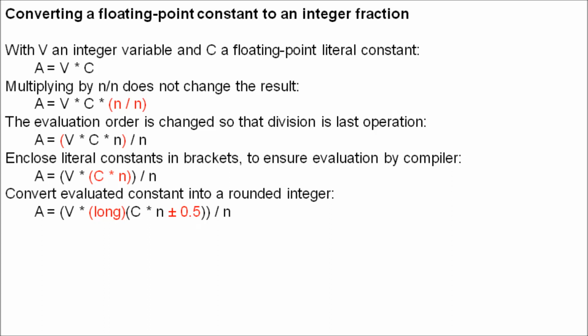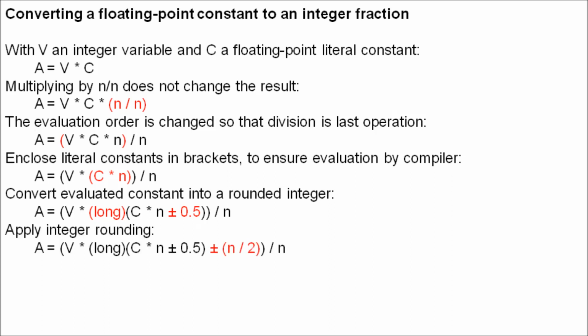This is converted into the nearest integer value by increasing the absolute value by 0.5 and then applying a type long integer cast. The result of the integer division by n is rounded to the nearest integer value by increasing the absolute value of the dividend by half the value of the divisor.